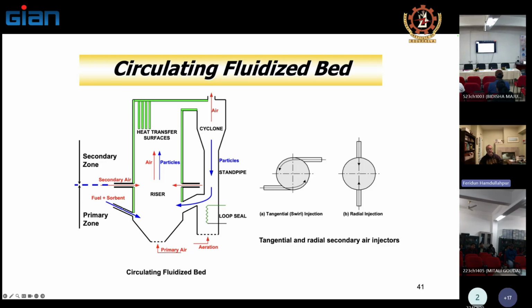Continuously fuel and whatever sorbent are fed, and there are no bubbles. It is in fast fluidization mode and no more bubbles in this mode. So big difference. It changes the hydrodynamics. You change the heat transfer and mass transfer. In a circulating fluidized bed, both of them are much, much higher.